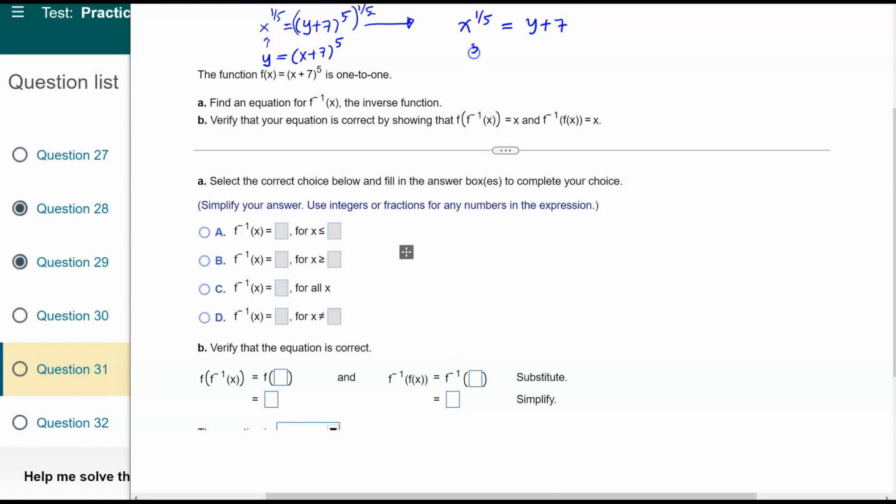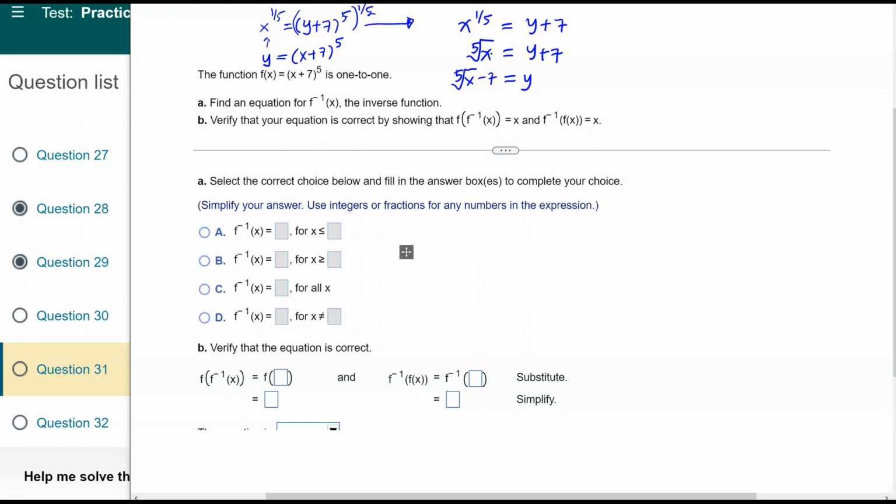That means the fifth root of x is equal to y plus 7. Then you solve for y. You subtract 7 from both sides, so y is equal to the fifth root of x minus 7. So that would be your inverse.